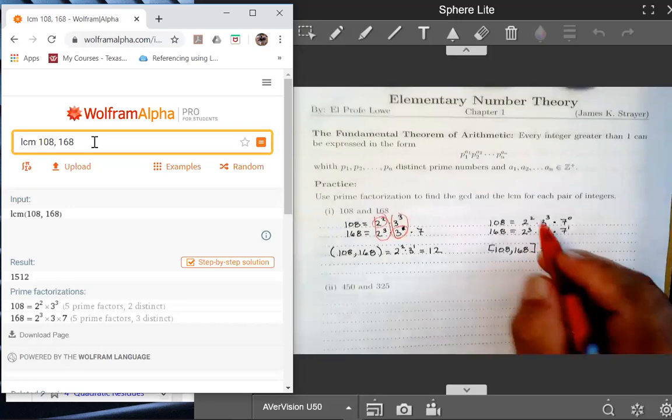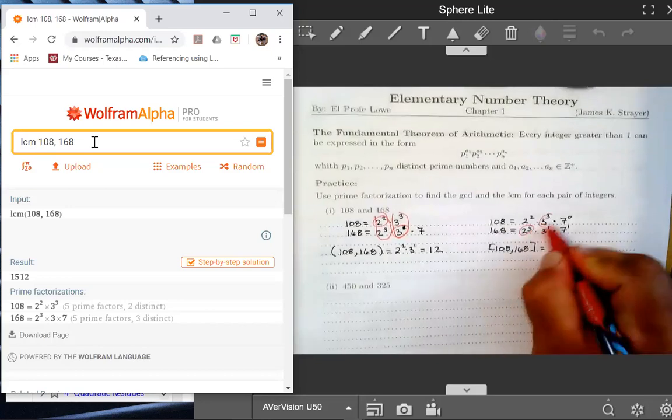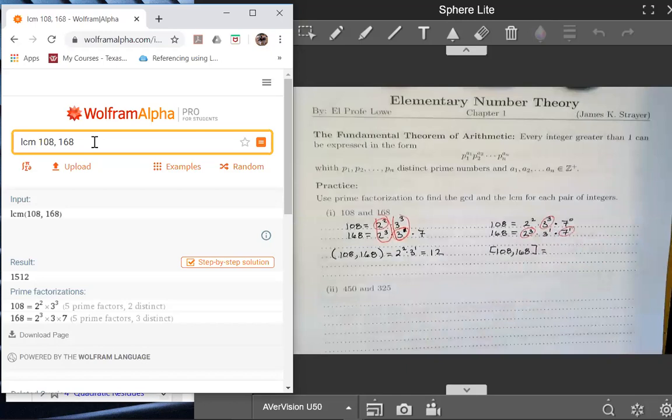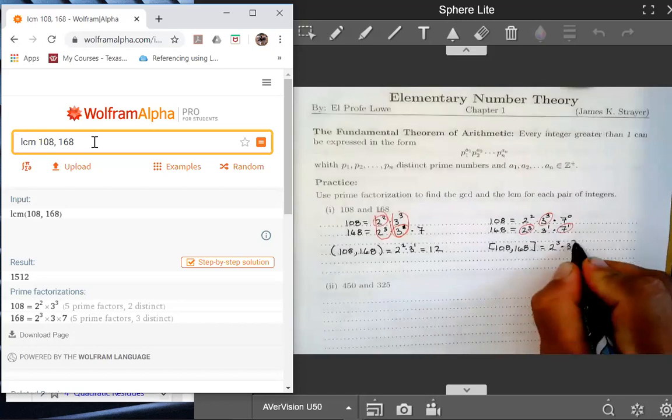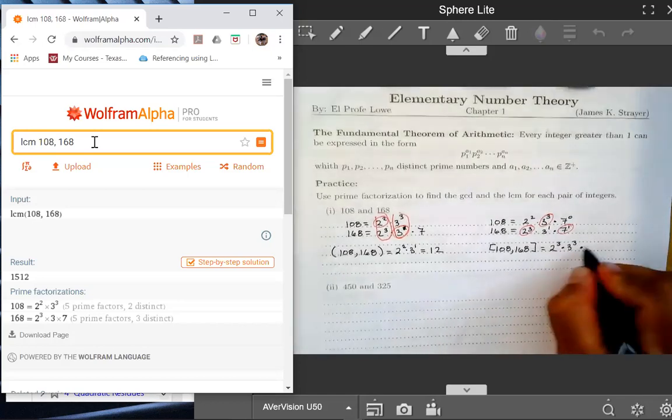So that's going to be 2 cubed, 3 cubed, times 7 to the first.